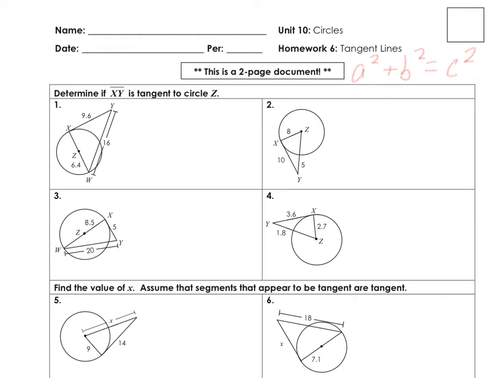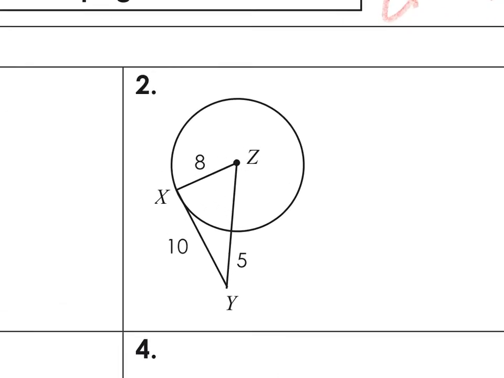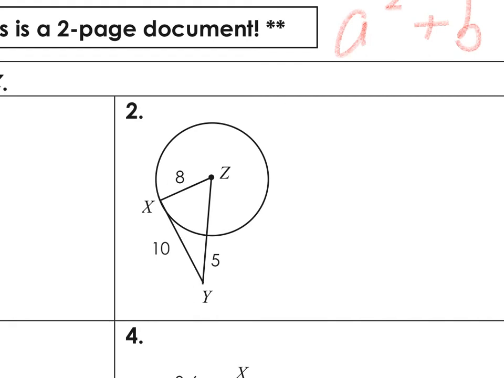So let me zoom in and help you label your sides. This is always going to be the 90, which will always make this the side C. Now, one thing you have to watch is this radius right here is 8, which makes this whole thing 13.